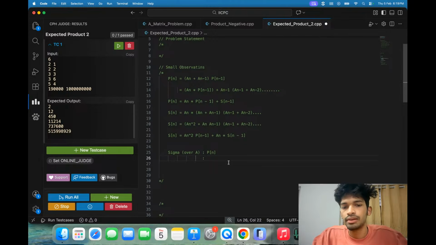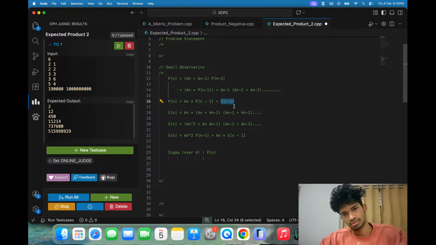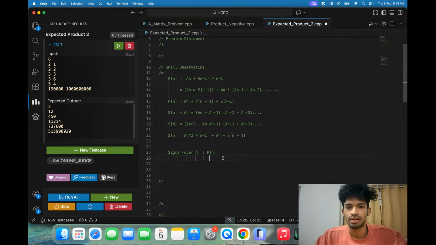Let's say you are fixing something for an. You have this thing, Sn minus 1. Let's just fix a1. How do we write this? A1 times Pn minus 1 plus Sn minus 1, right? If you're fixing a1, how many things will be like that with value being a1?